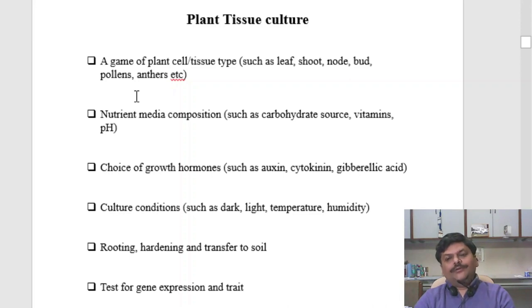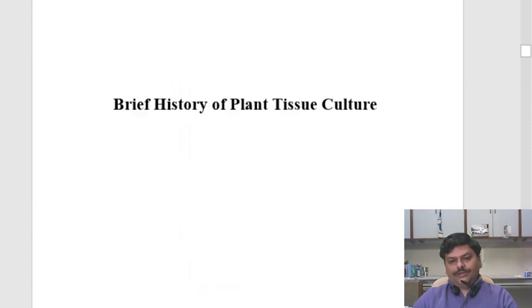Same way, plants also need all these things for their proper growth and development. Plants also need hormones. And then specific culture conditions are provided, followed by the hardening or the transfer of regenerated plants to soil, and then we carry out the test for our intended purpose for which we have done the plant tissue culture.